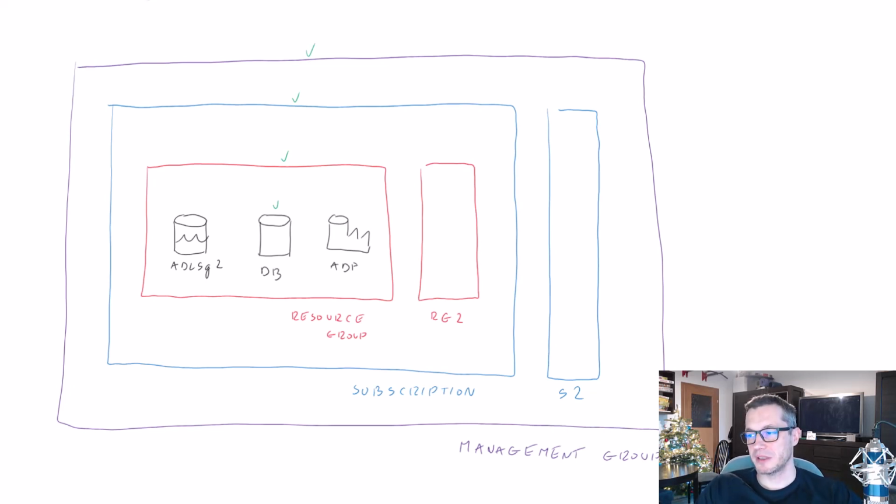But the best part of it is that permissions are inherited. So let's say we grant someone the owner permission here on the subscription level, because maybe we want to grant someone a very powerful set of permissions. What will actually happen is that this owner role will be inherited by every resource group that is a part of this subscription.